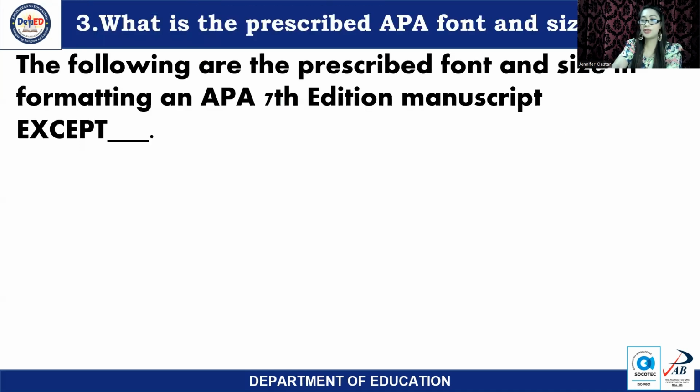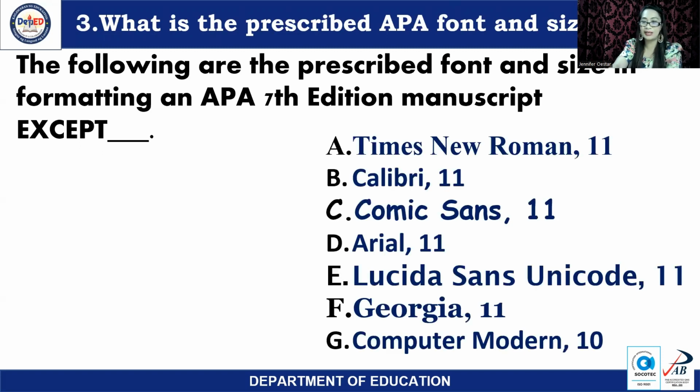Let's now proceed to our third question, or warm-up question, should I say. What is the prescribed APA font and size? Do you have any idea? The following are the prescribed font and size in formatting APA 7th edition manuscript, except, so which one is not included or accepted?